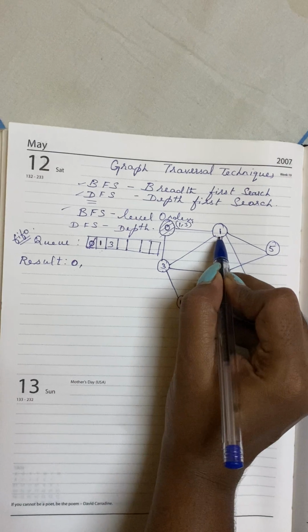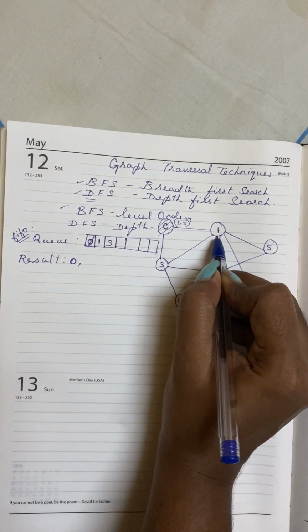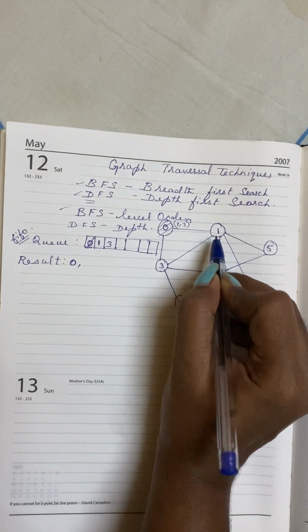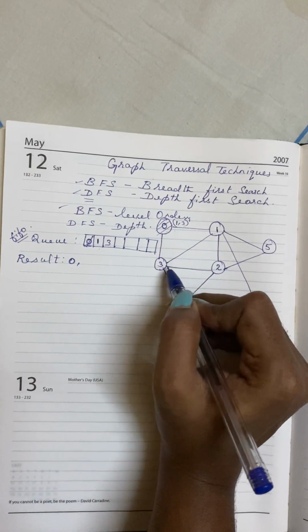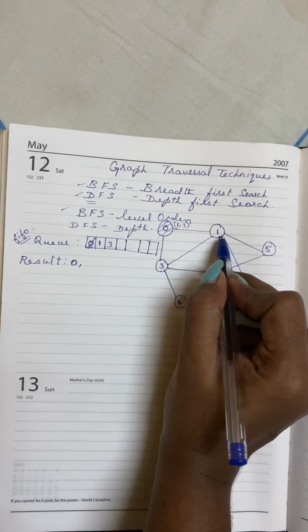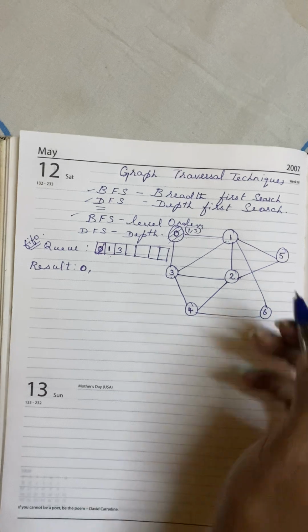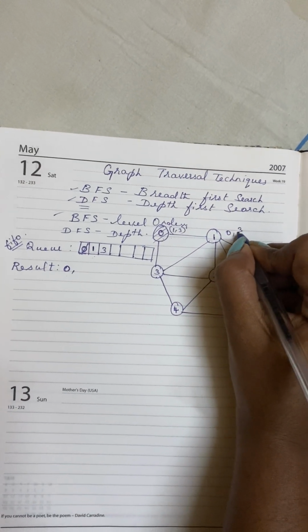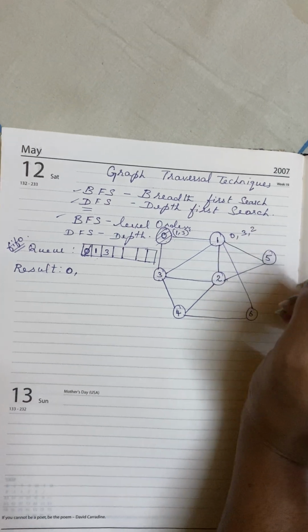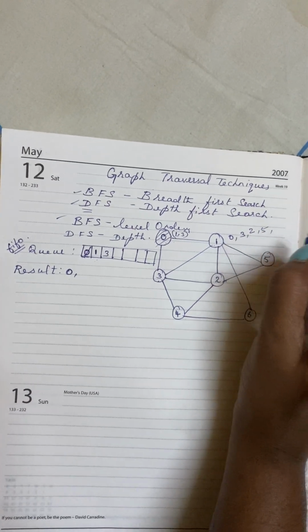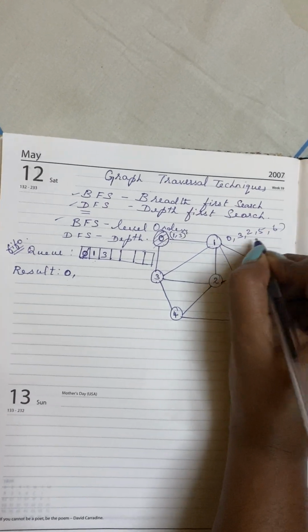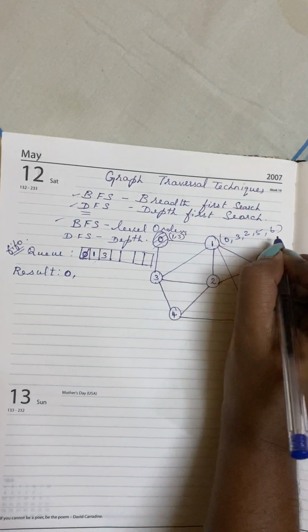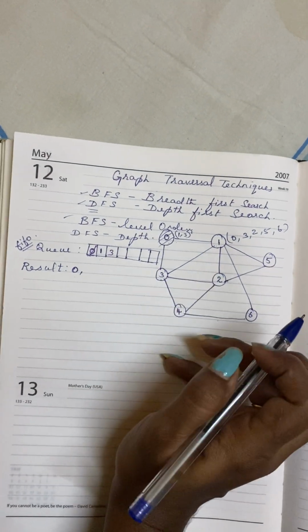For 1, which are all the adjacent elements? You have 0, 3, 2, 5 and 6. These are all the adjacent vertices of 1.